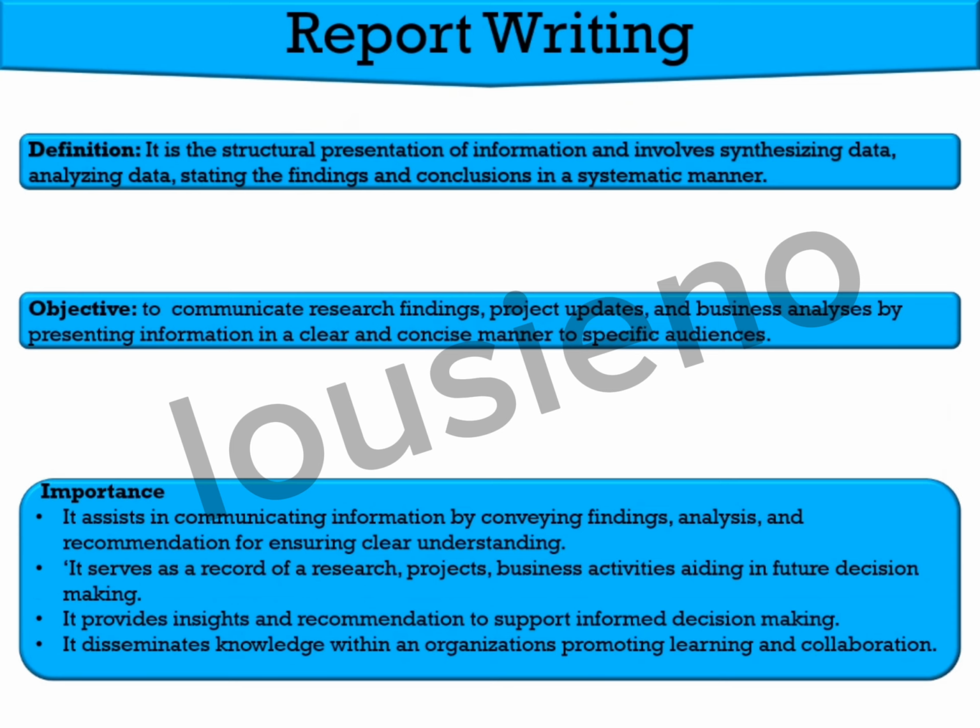Definition of report writing. It is the structural presentation of information and involves synthesizing data, analyzing data, stating the findings and conclusions in a systematic manner. The objective of report writing is to communicate research findings, project updates, and business analysis by presenting information in a clear and concise manner to a specific audience.